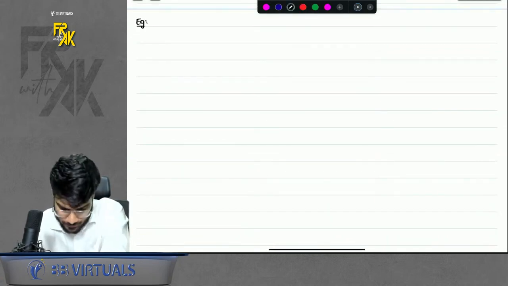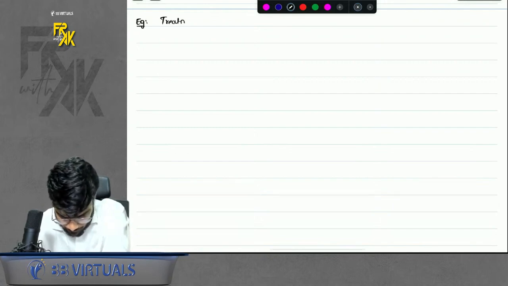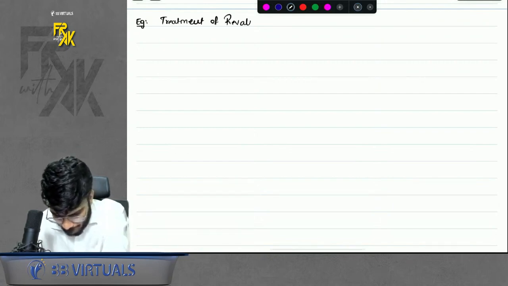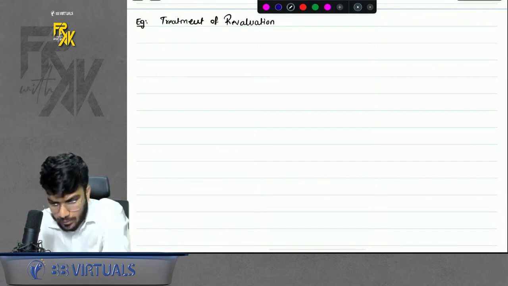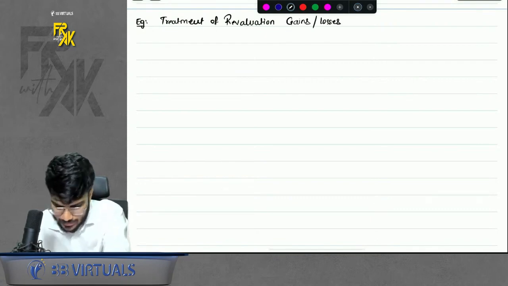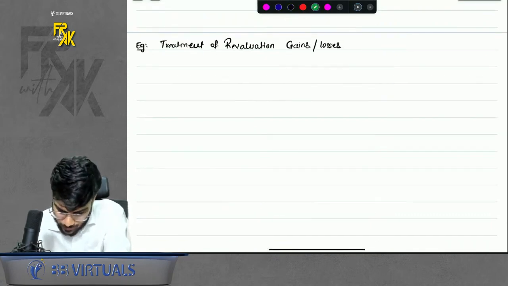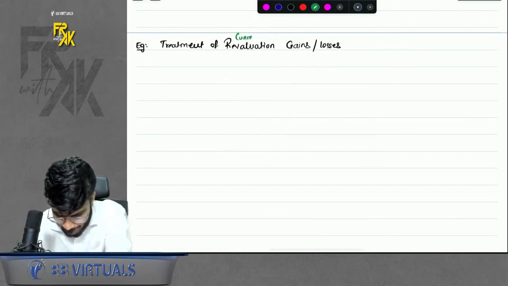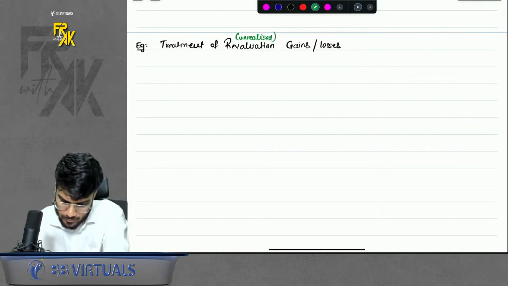Let's take one example. What is the meaning of revaluation? It means unrealized gains and losses, right?